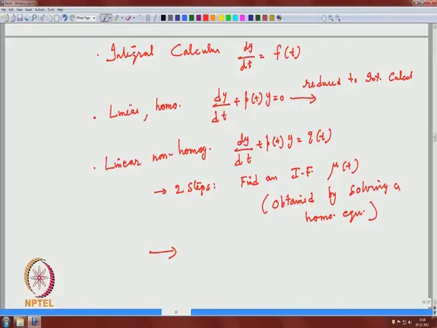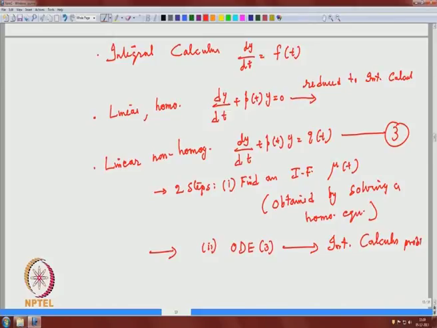In the second step, our ODE 3 reduces to an integral calculus problem. And this is what we have done, and thus the complete linear first order non homogeneous problem which takes care of everything is completed.